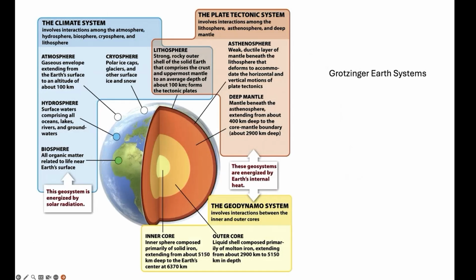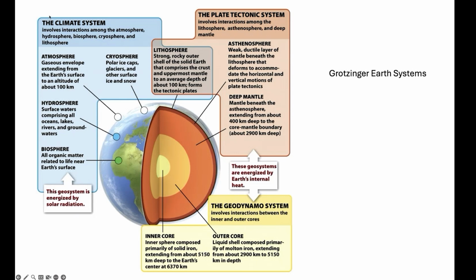So this is from an introductory text by a fairly famous Earth scientist, John Grotzinger, and he shows an interesting way. He's got, looks like, three systems here: the plate tectonic system, the climate system, and the geodynamo system.